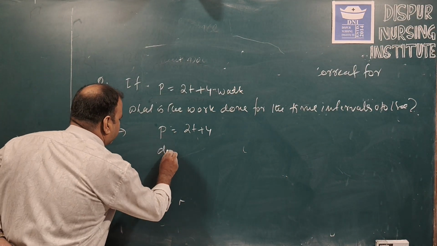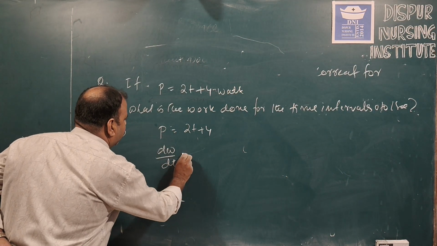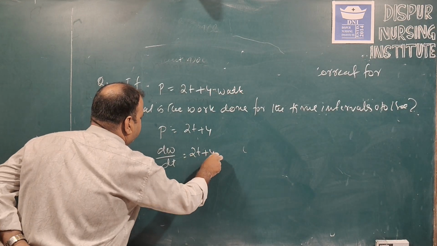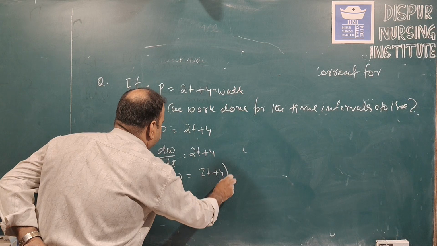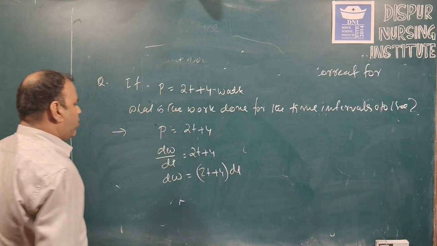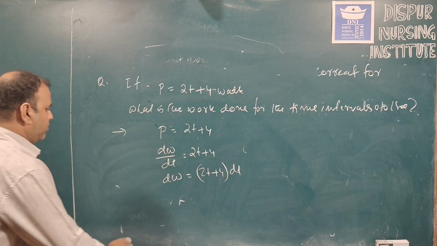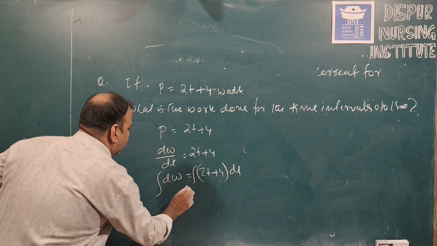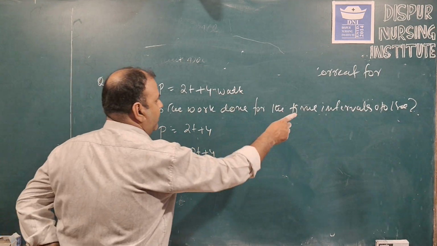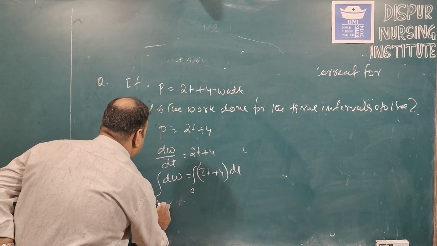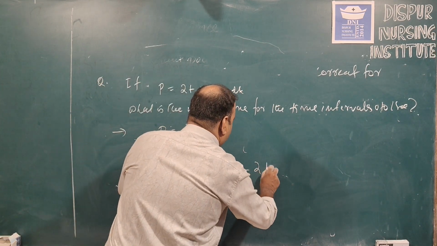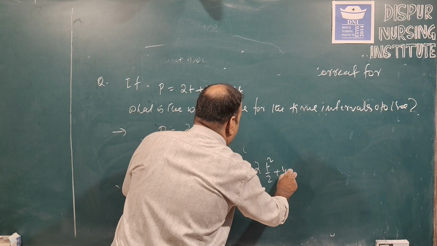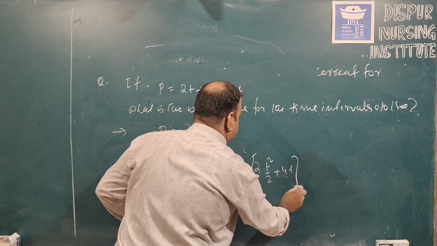So already you know, P is equal to 2t plus 4. So dW is equal to (2t plus 4) into dt. On integrating both sides, the given time interval is 0 to 1 second, and here 0 to W. So we can write directly 2t square by 2 plus 4t, from 0 to 1.